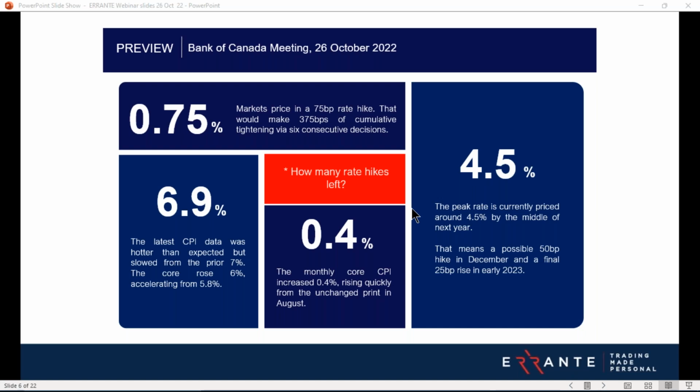Certainly then there's speculation around whether the Bank of Canada slows its pace of hiking. The market expects a 4.5% peak rate, as you can see here. So that means potentially a 50 basis point hike in December, and then possibly a final 25 basis point rise in early next year.